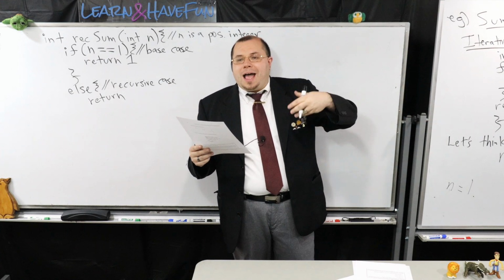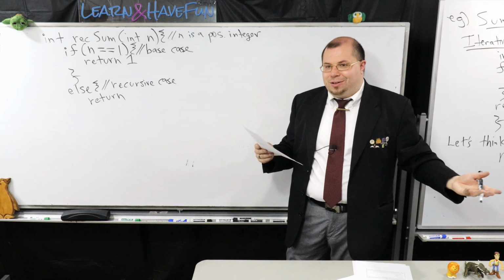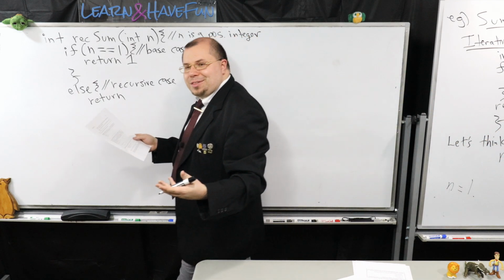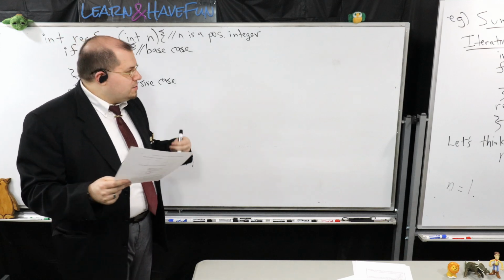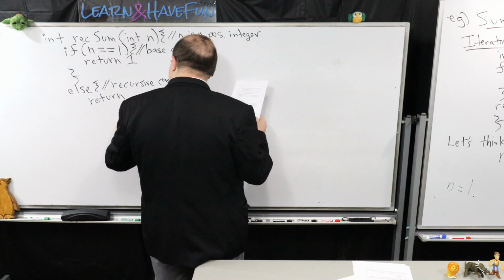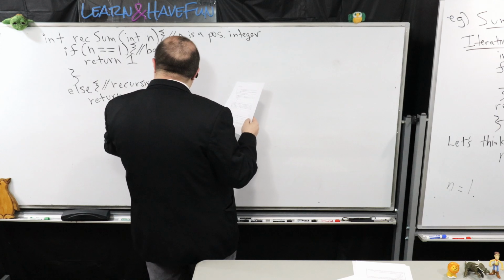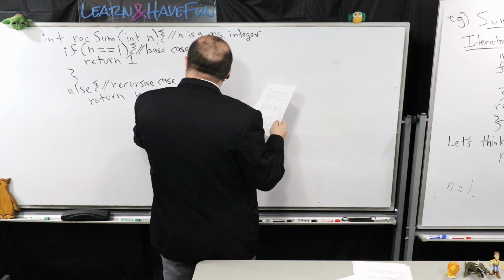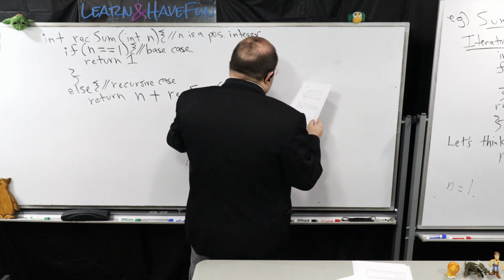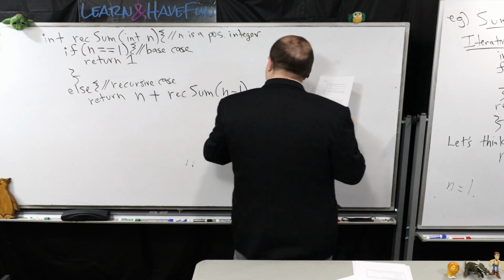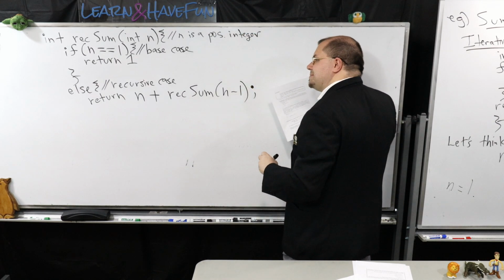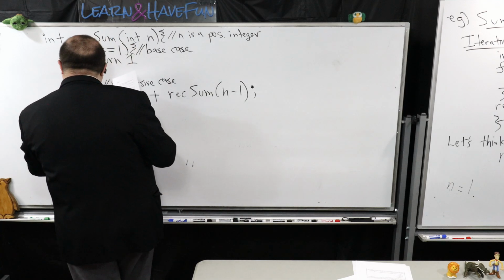So I'm just going to pass the buck on to the recursive call. To get my recursive algorithm, I'm just going to invoke a recursive call, which is just a function call, just like this. Watch. I'm going to return n plus rec sum of n minus 1. And that's it.